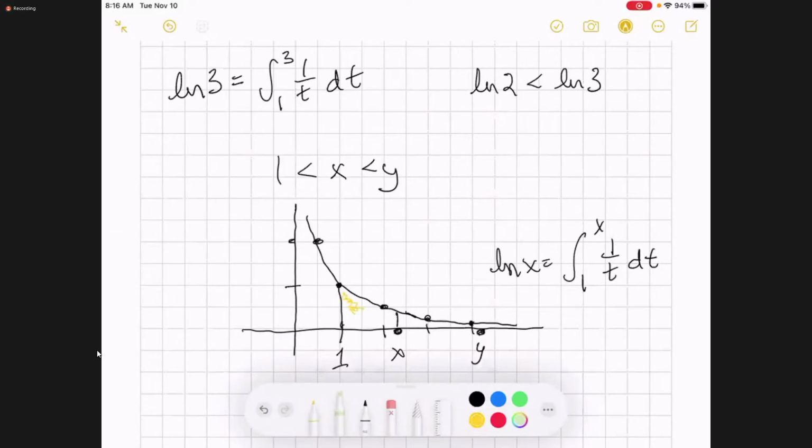Oh, I don't want that. Let's have the nice minty green. Okay, so ln of x is the area of the green region.